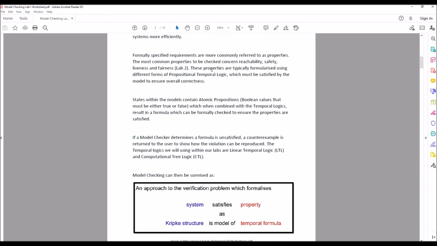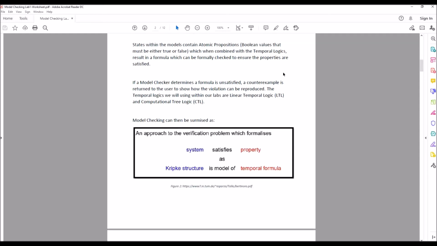These properties are typically formalized using different forms of propositional temporal logic, which must be satisfied by the model to ensure overall correctness. States within the models contain atomic propositions. Atomic propositions are Boolean values that must be either true or false, which, when combined with temporal logics, result in a formula which can be formally checked to ensure the properties are satisfied.